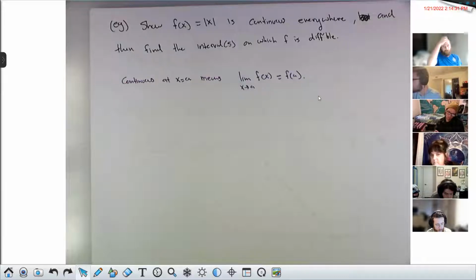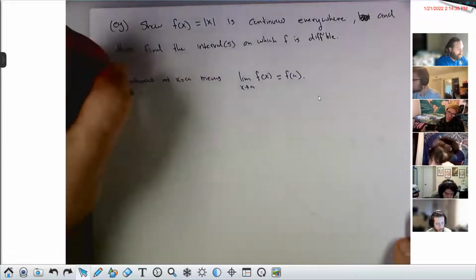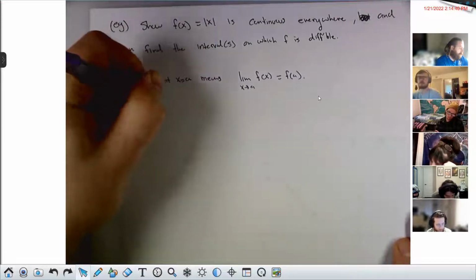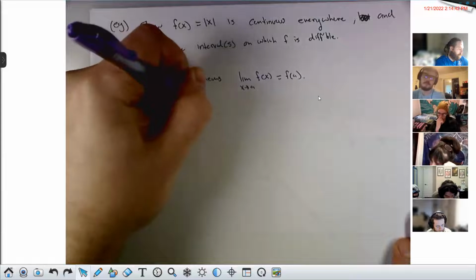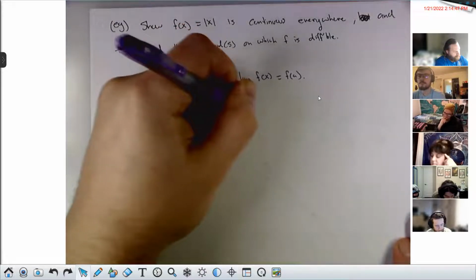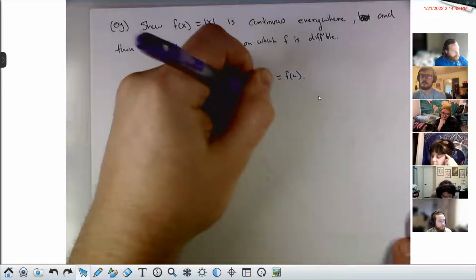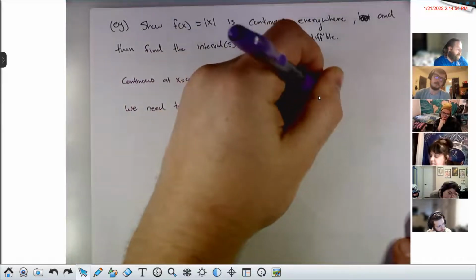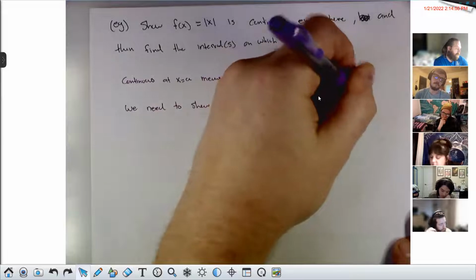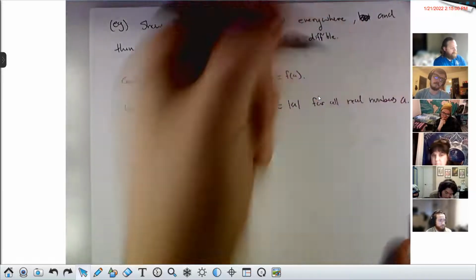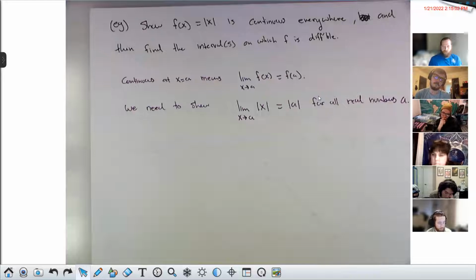That's what I need to show. So we need to show that the limit as x approaches a of the absolute value of x is equal to the absolute value of a for all real numbers a. Because the domain of the absolute value function is all real numbers.